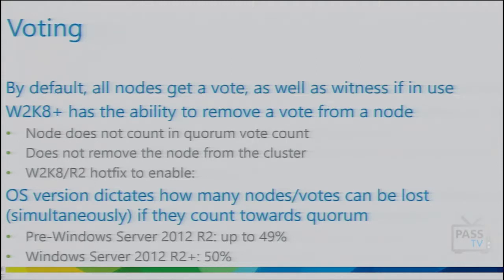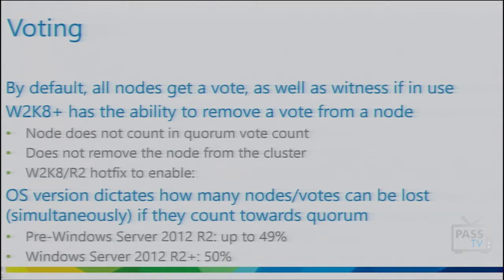Now, the other thing that comes up, especially with availability groups, is that with a hotfix in Windows Server 2008 and 2008 R2, and built into 2012 and 2012 R2, you have the ability to remove a vote from a node. That affects the overall number that counts against your quorum.